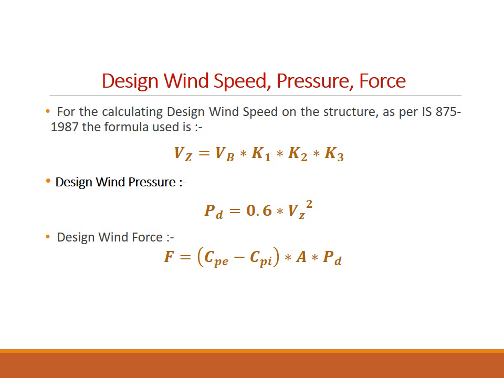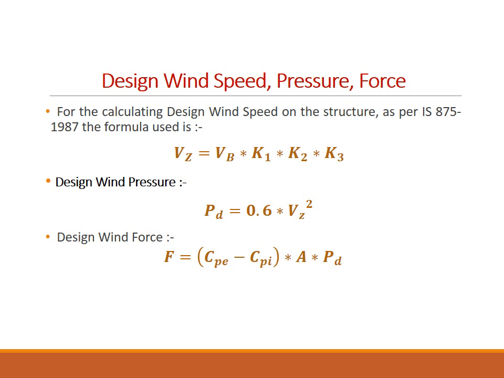CPE is the coefficient of external wind pressure when the roof is subjected to wind pressure from the outside. If you imagine the triangular shape of the roof, when wind is blowing parallel to that roof, it obviously has less intensity.